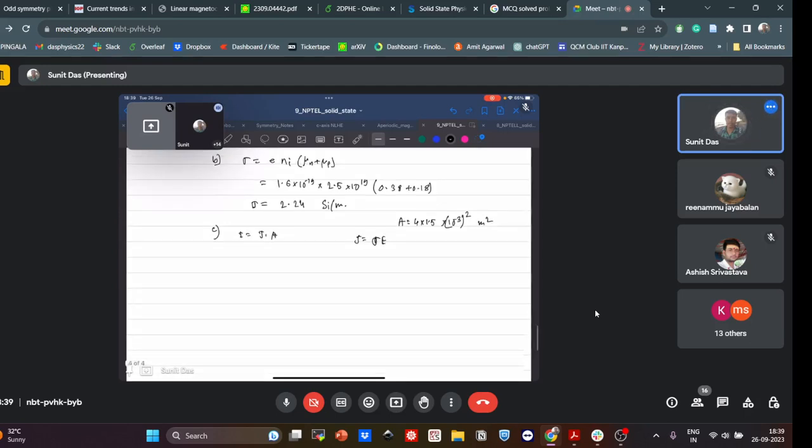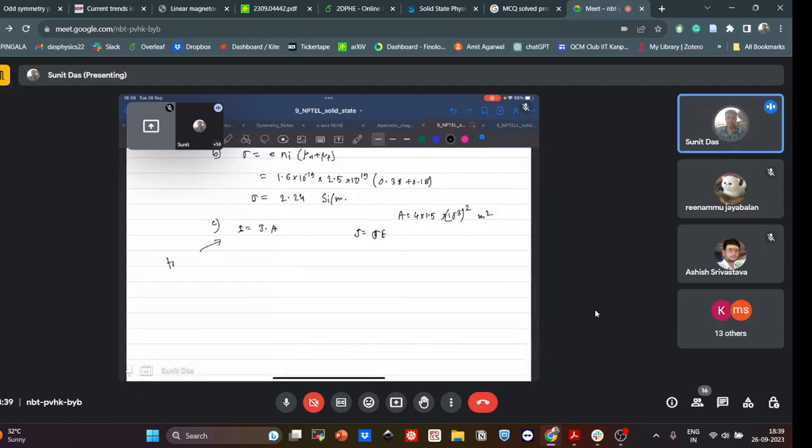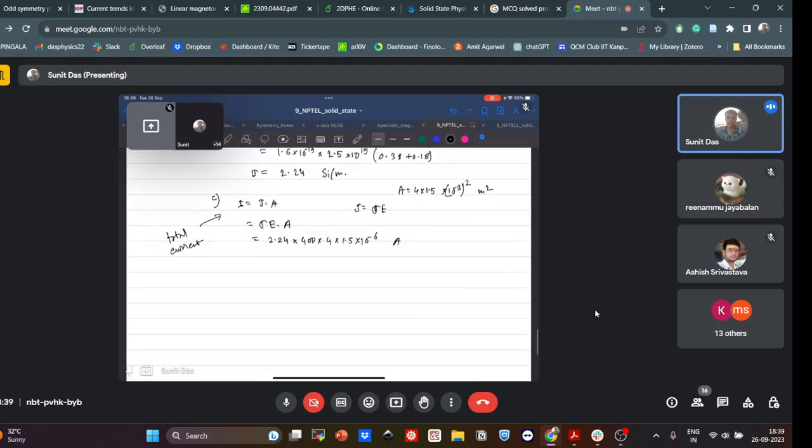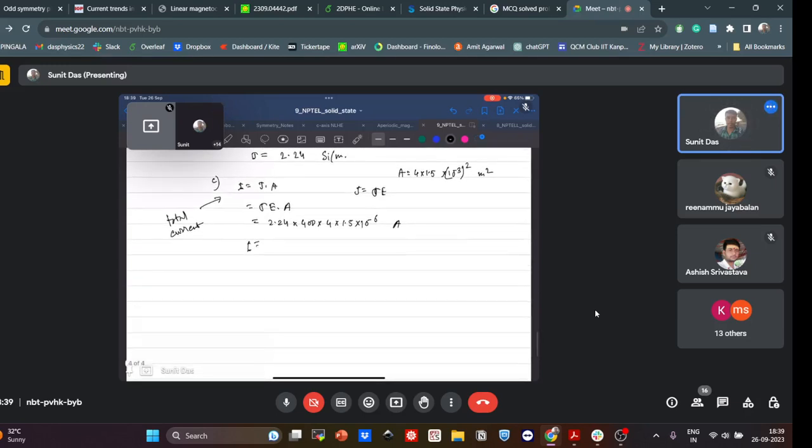Sigma is conductivity. So total current equals sigma into electric field into the area of cross section. So 2.24 into 400 into 4 into 1.5 into 10 to the power minus 6. This is in ampere. Finally, the answer will be 5.376 milliampere. So this is the total current.